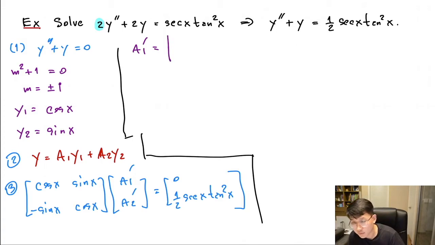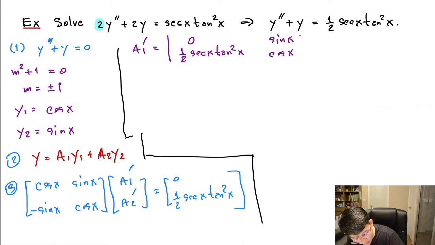We have a1 prime as the determinant of 0, 1/2 sec x tan squared x, sin x, cos x, divided by the determinant of cos x, sin x, minus sin x, cos x.